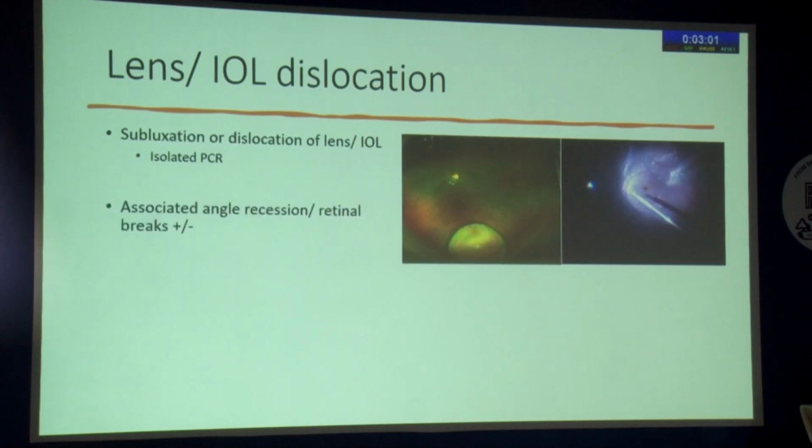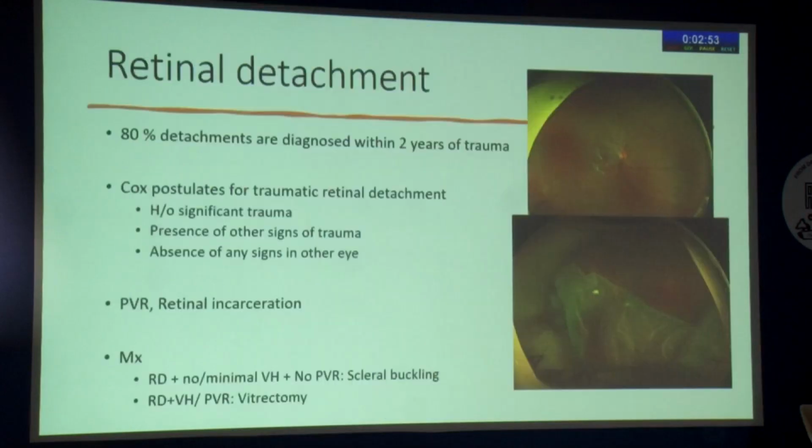Commonly these injuries are associated with angle recession and glaucoma and can have retinal breaks, retinal dialysis and retinal detachments as well. Retinal detachments can occur up to 2 years and will depend on the state of the vitreous, whether it is liquefied. The retinal detachment that occurs in patients with ocular injuries often has a lot of proliferative vitreoretinopathy, and in open globe injuries there could be vitreous or retinal incarceration.